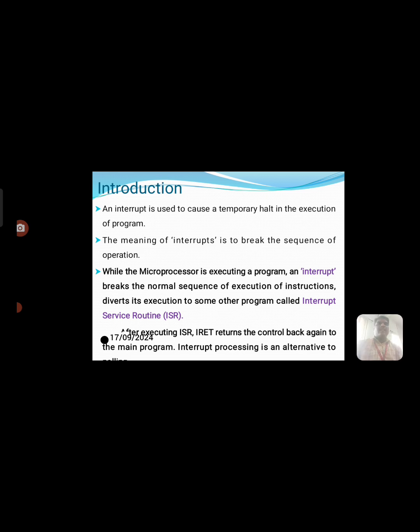So whenever 8086 receives an interrupt, it stops the current execution and gives the entire preference to the interrupt service routine. After executing the interrupt service routine, IRET returns the control back to the main program.